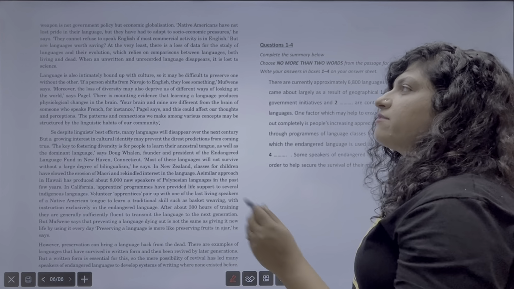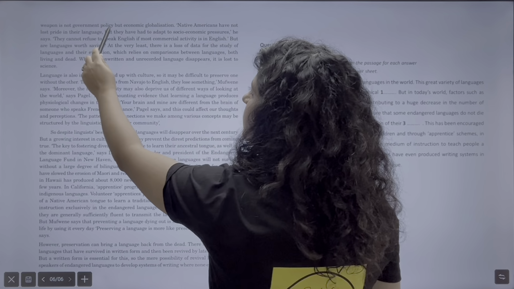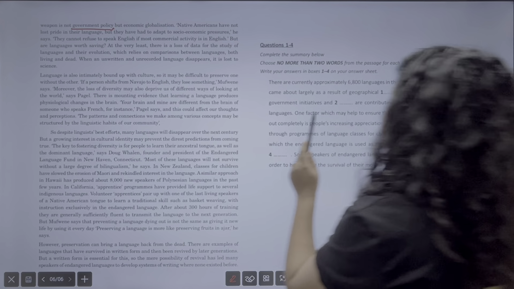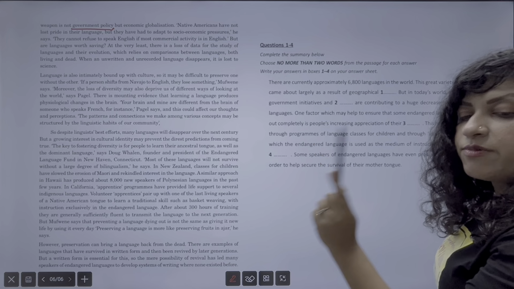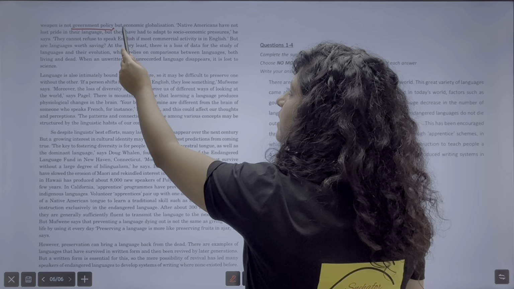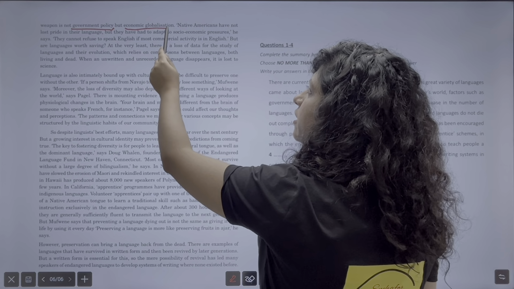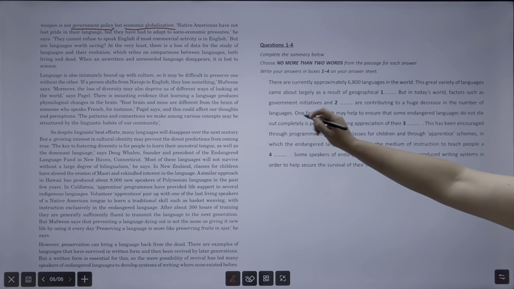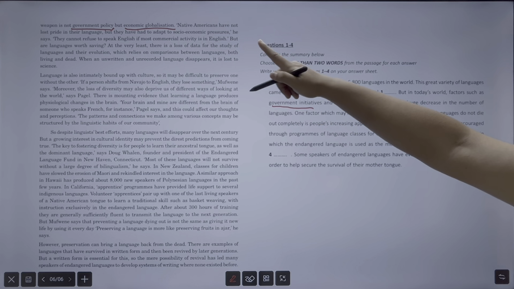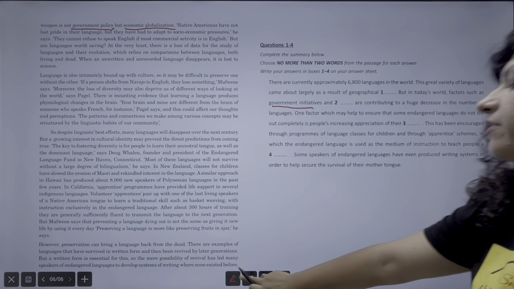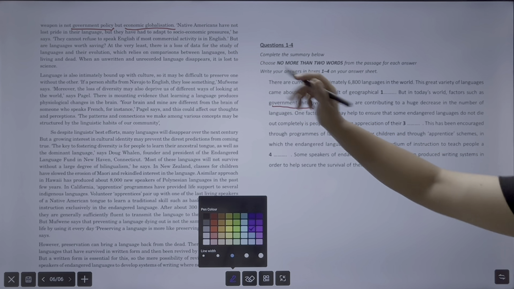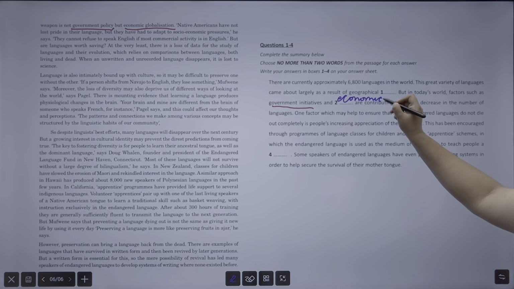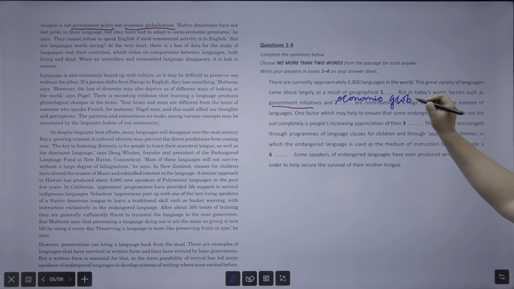So government, we have already seen that yes, government policy, government initiative does impact the number of languages that we have, but there is one more factor, and that has been very clearly mentioned: economic globalization, right? So what are the two factors? Government policy, that is government initiative, and the second factor is economic globalization. So this is the answer for question number 2.